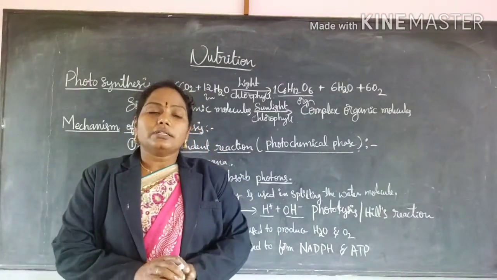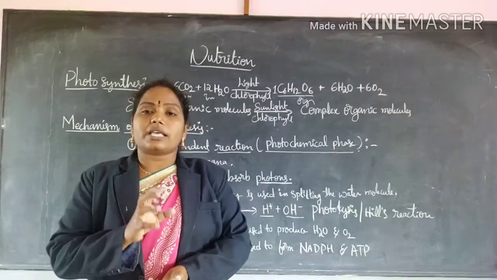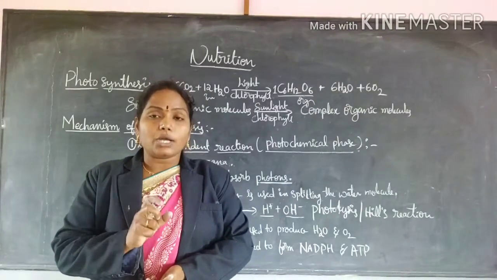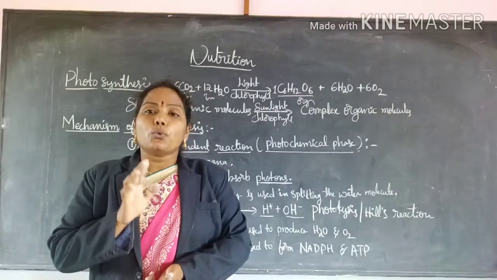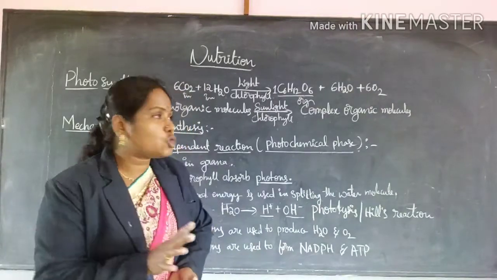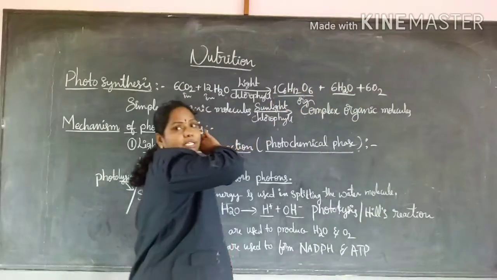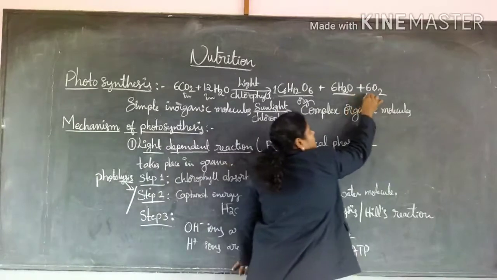In photolysis, when H plus ions and OH minus ions are formed, the OH minus ions are utilized to form H2O molecules again. Next, they also form oxygen.